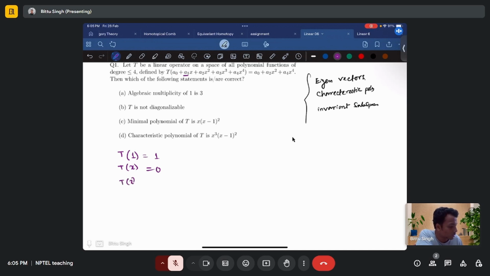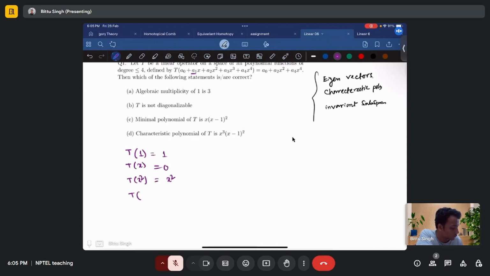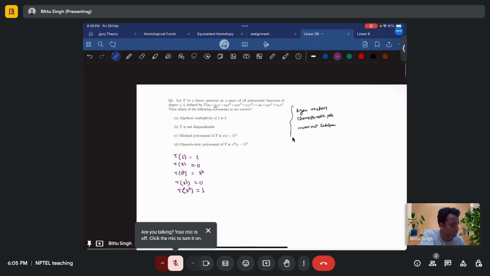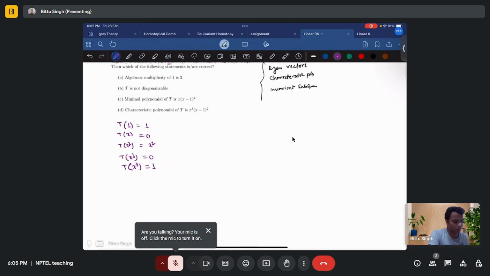Similarly, T of x squared is simply x squared. T of x cube is 0. T of x to the power 4 is actually 1. We get those things.